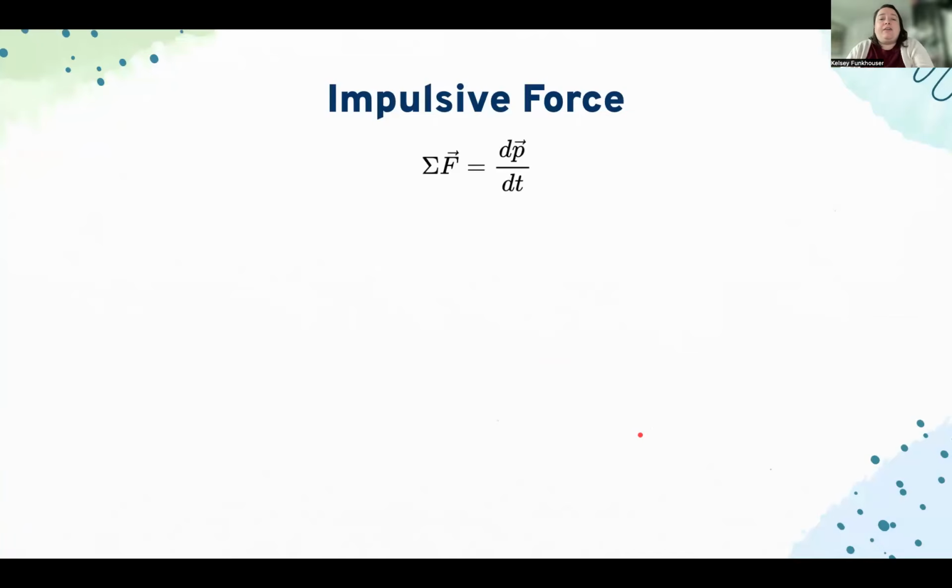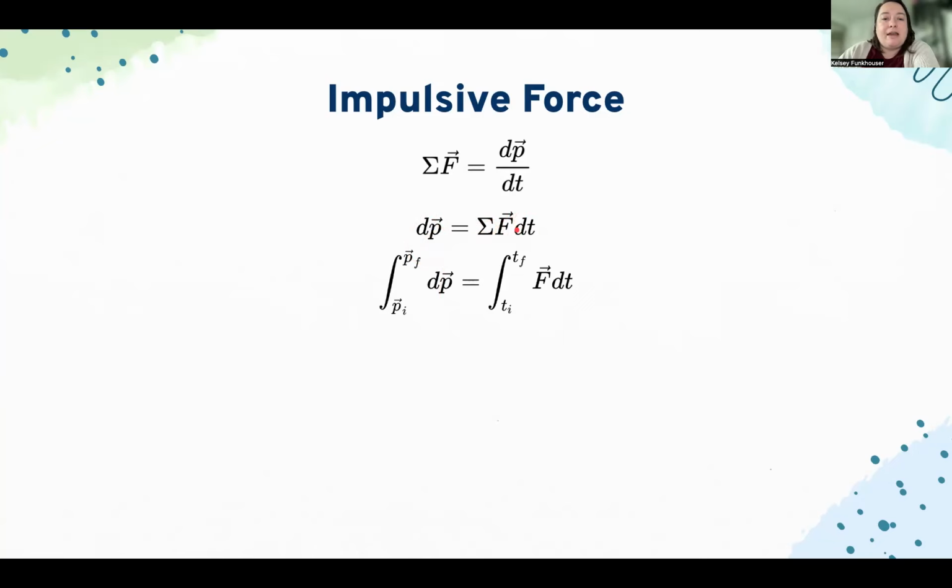So the force that acts between two objects during a collision is called the impulsive force. And now we can do the thing that physicists do that mathematicians don't like, and treat this derivative like a regular fraction and multiply dt on both sides. So we end up with dp equals the sum of forces times dt.